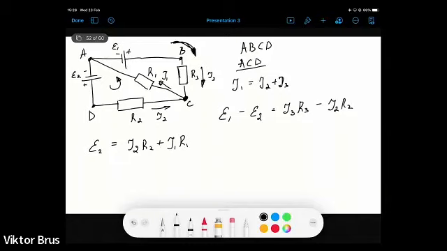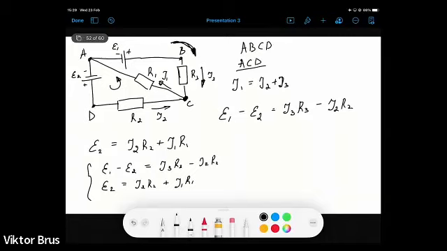So once we define these electric loops and the equations associated with them, we can write a set of equations. Here we get epsilon 1 minus epsilon 2 is equal to I3 times R3 minus I2 times R2. The second one is epsilon 2 is equal to I2 times R2 plus I1 times R1.